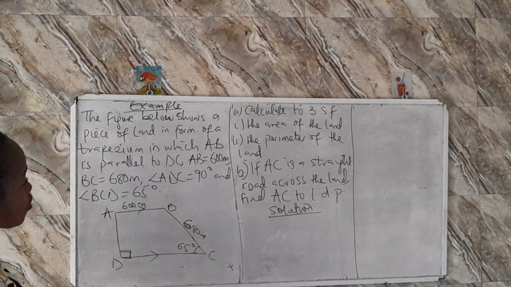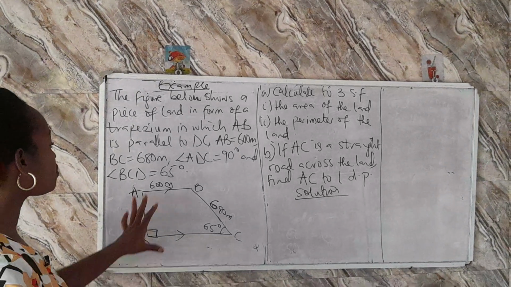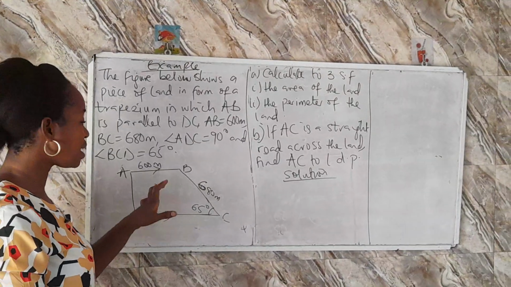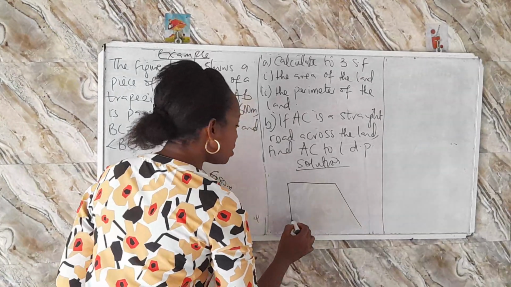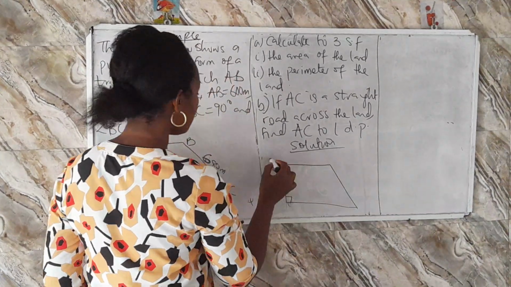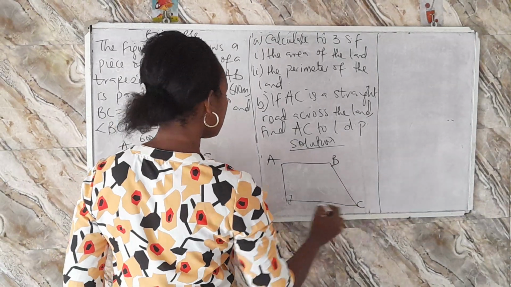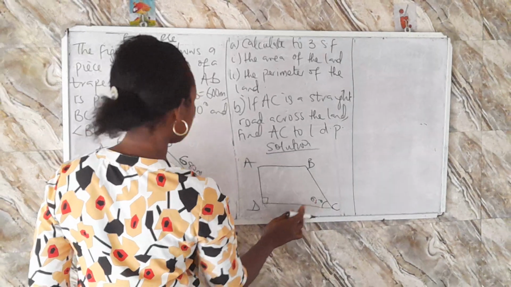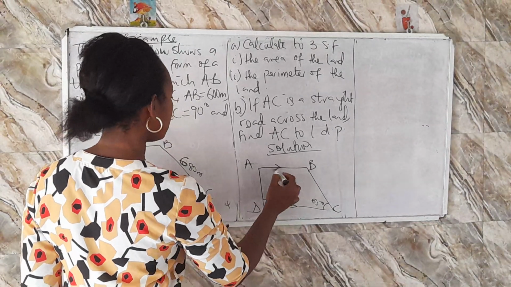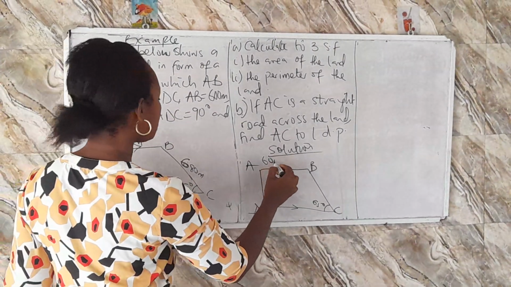Alright, now let's solve. We have to draw this diagram again. So this is A, B, C, D, right? Here is 65 degrees. Okay, so this is 600 meters.